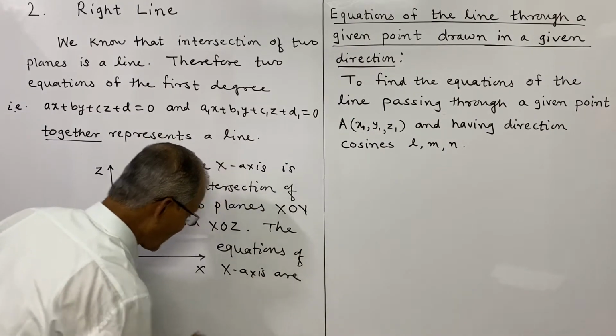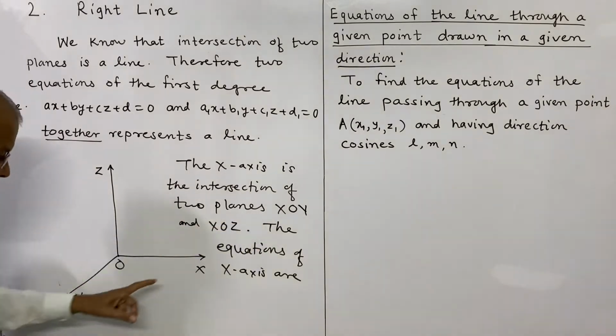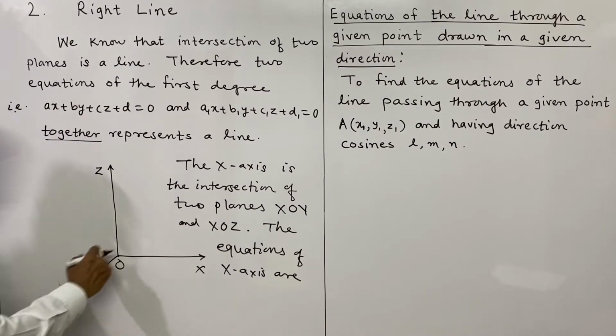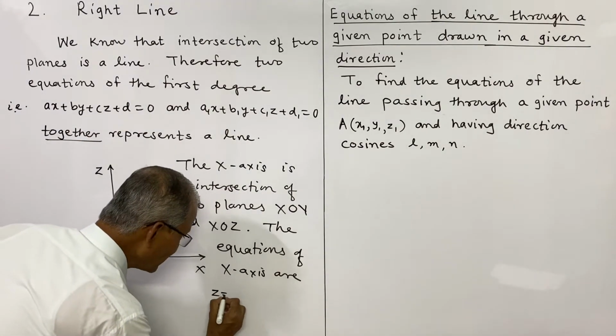Now what is the equation of xoy plane? That is z is equal to 0. Here the z coordinate is 0 in this plane.